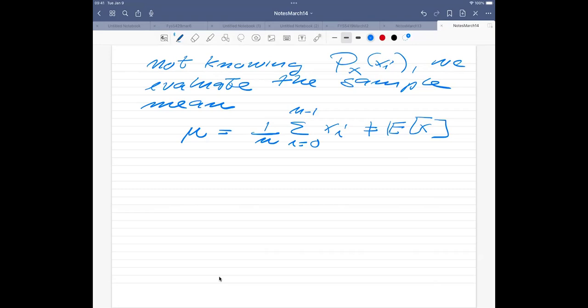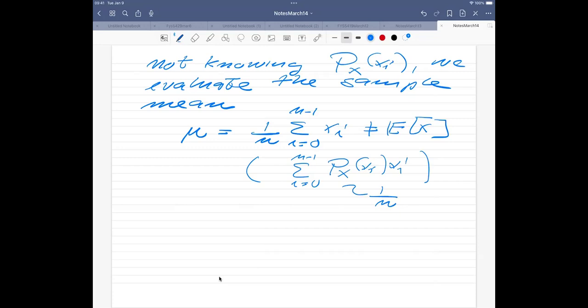we should in principle be able to approach the exact value. What you see in this specific case is that the probability which we had in the previous expression, if you compare this with the exact expression, the sum from i equals 0 to n minus 1 of the probability for x of i times x of i, you see that what we are doing is giving the same probability to all the events.